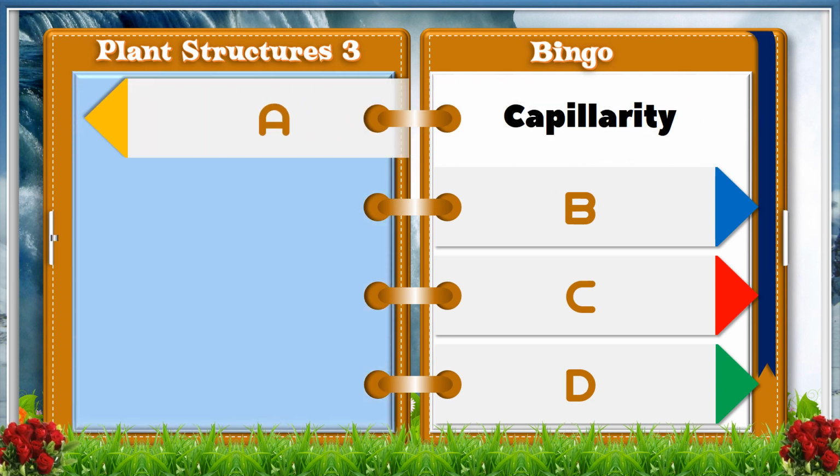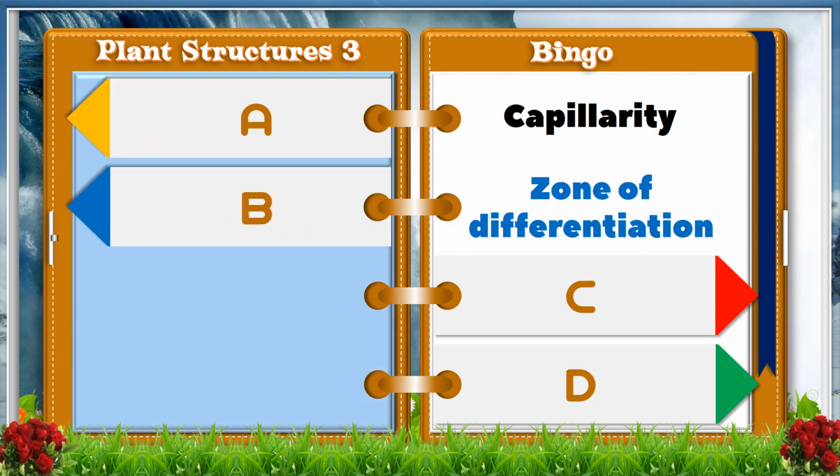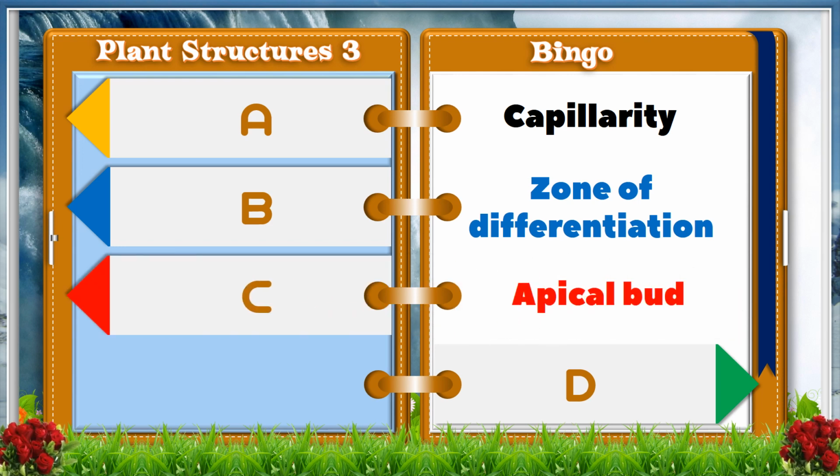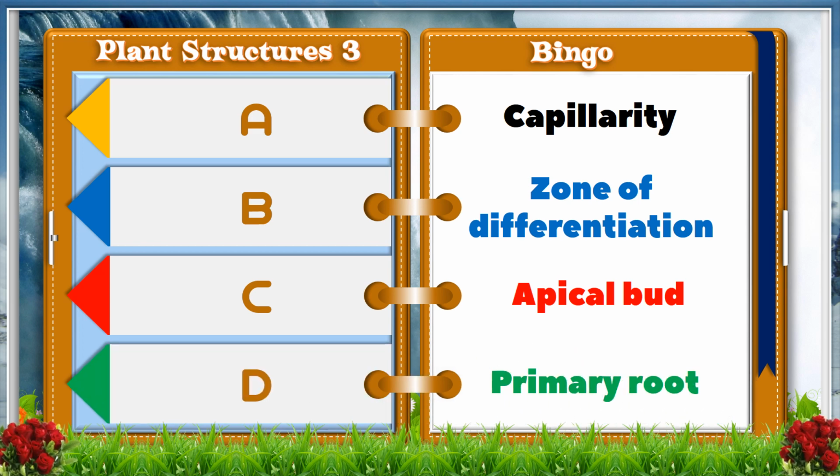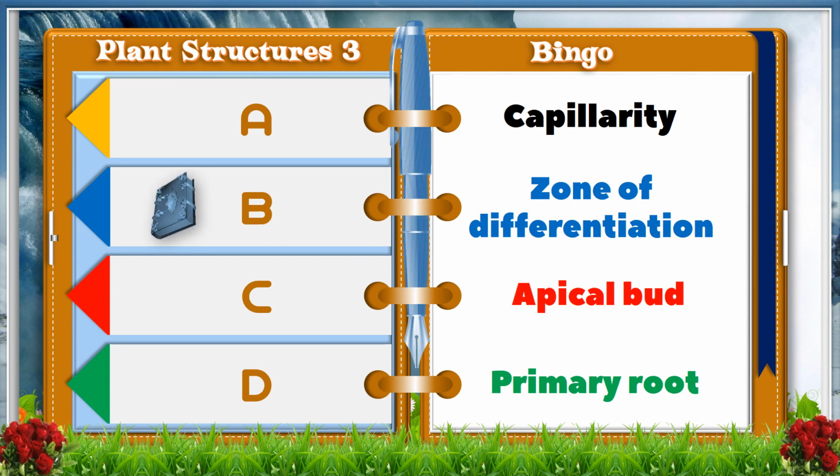A. Capillarity. B. Zone of differentiation. C. Apical bud. D. Primary root. And the answer is B. Zone of differentiation.